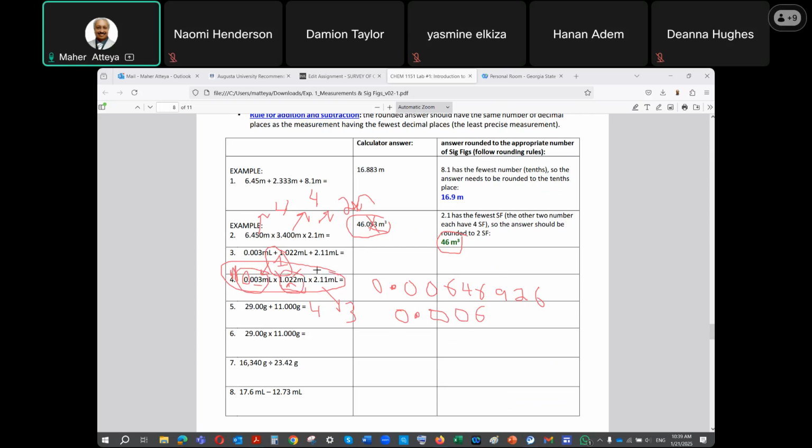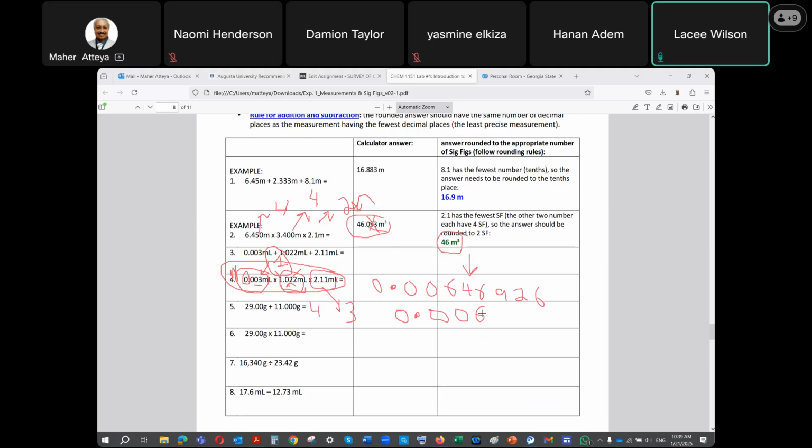The third one has how many? 3. Which is the least one from 1, 4, and 3? 1 is the least one. Now we stopped on the 6 here because the 4 is not 5. If we have a 5 here, then it will be 0.007, correct? Agreed? Everybody agrees with this? Okay.